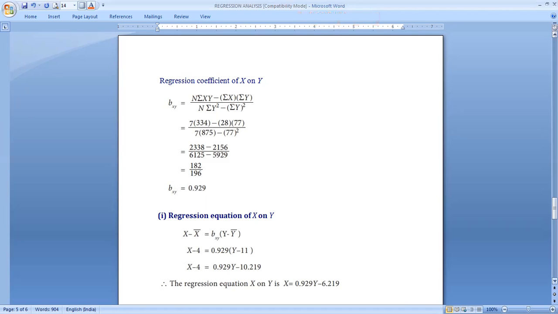In the similar way, byx is called the regression coefficient of y on x.